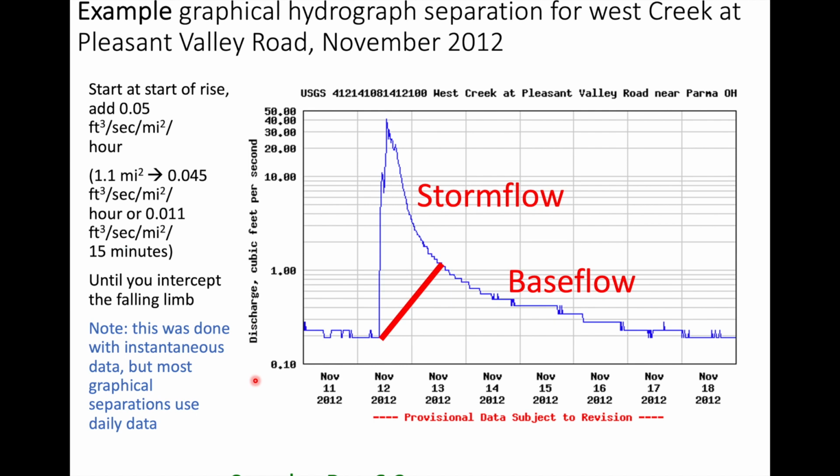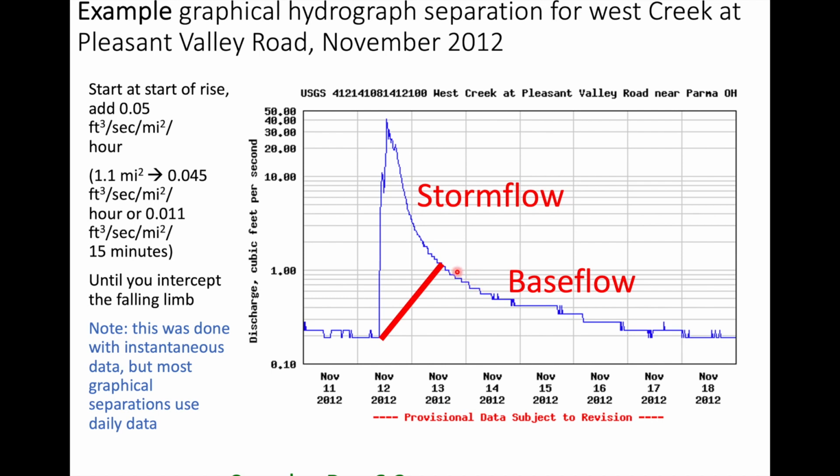So this is a storm hydrograph for West Creek at Pleasant Valley Road near Cleveland, Ohio, in November 2012. So we start our hydrograph separation at the beginning of the rise of the hydrograph. We know our stream flow area, and we work out the rate or the slope of that line, and we go up by that slope, and you can see the equation worked out here, continuously until that line intersects the falling limb of the storm hydrograph.